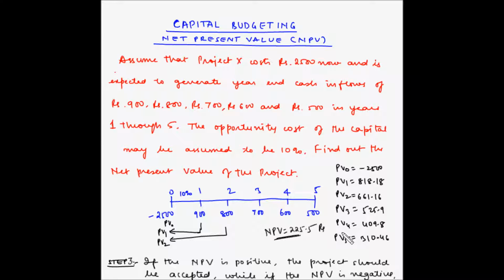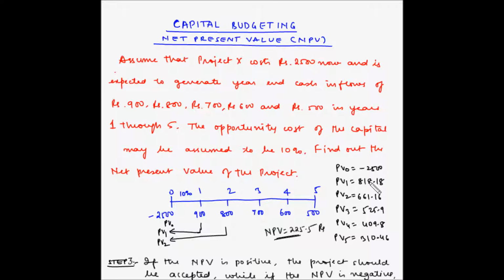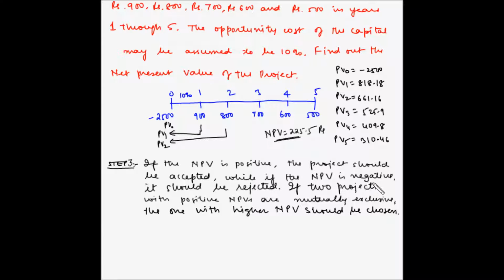So if it is profitable, then the project should be accepted. Whereas if the NPV is negative, that means the outflow is more than the inflow, so the project is not profitable.